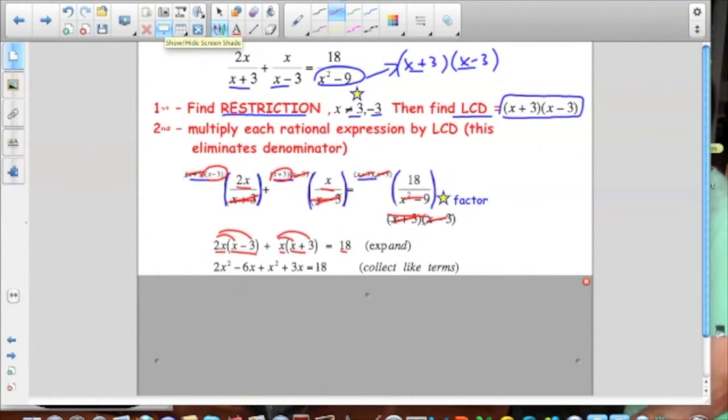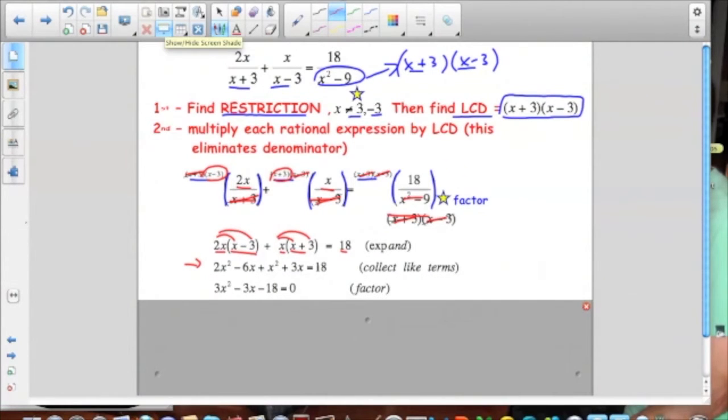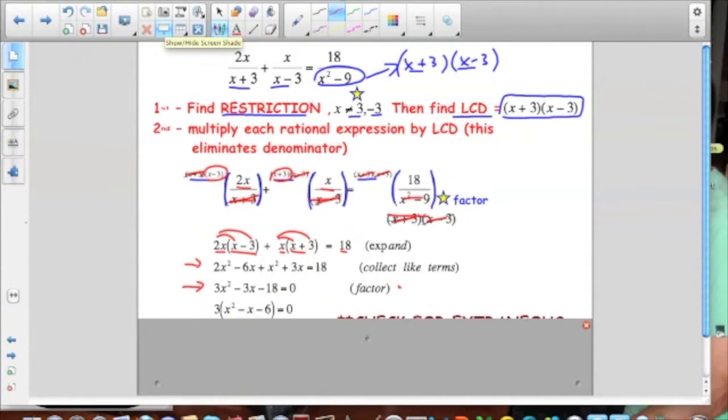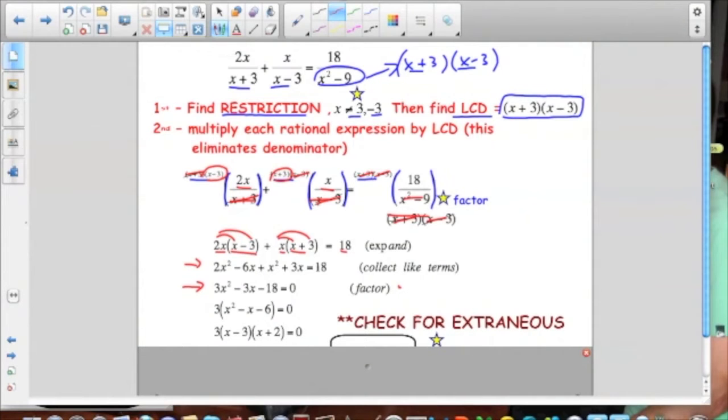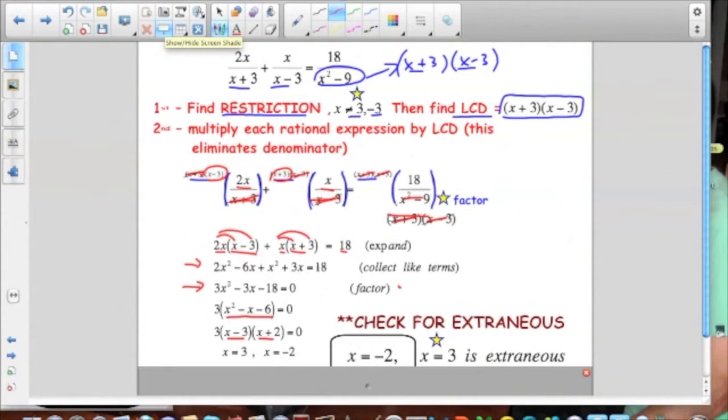We get down to this stage, so now we collect like terms. Collecting like terms, we're left with this. Now we're going to factor, which we get to here because 3 is a GCF. Then this factors into those two parts, and then we have our solutions.